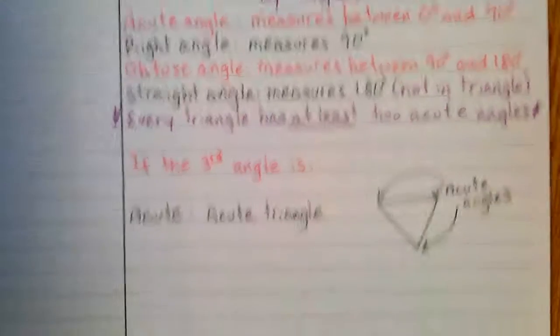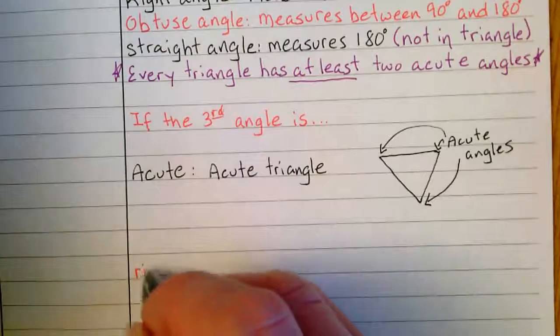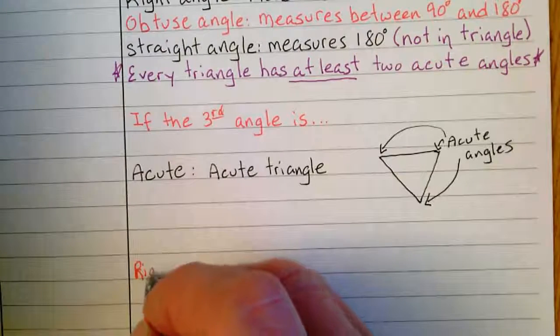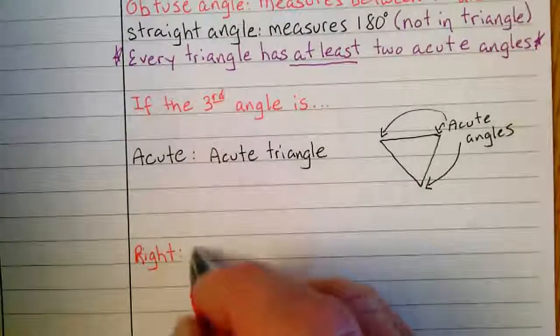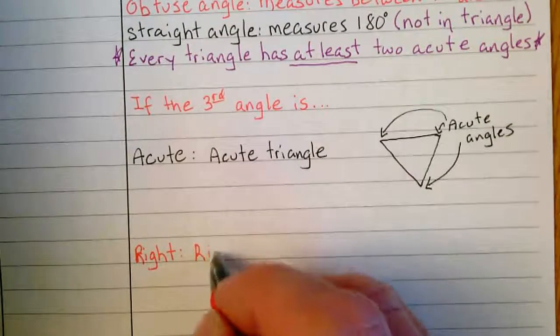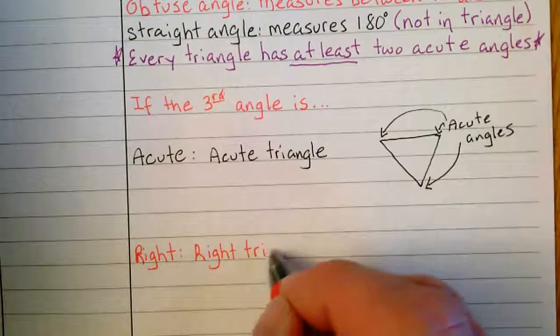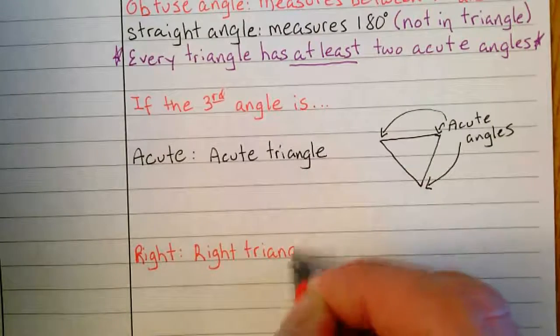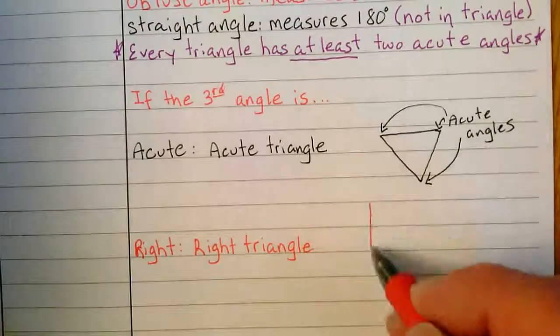On the other hand, if the third angle is right, we have a right triangle. In this case, it would look like this.